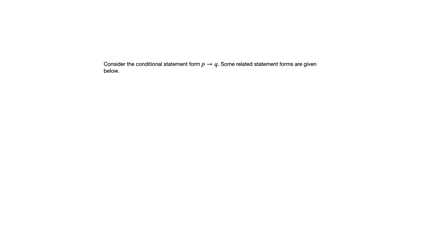Let's look at some related statements to this conditional statement. One of the things that I want to talk about here is called the converse. The converse of if P then Q is if Q then P. The inverse of if P then Q is if not P then not Q. One thing I want to note here about the converse and the inverse is that they are not logically equivalent to the original, but they are logically equivalent to each other.